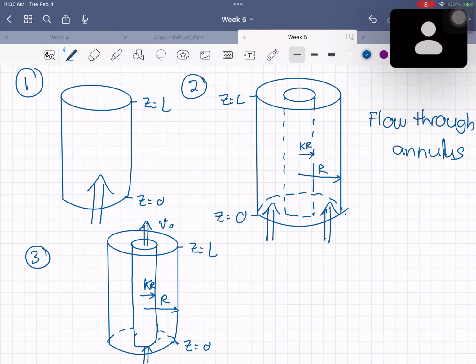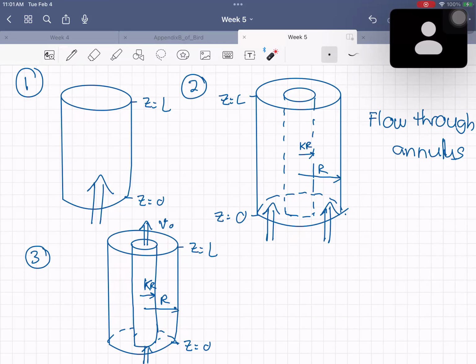All right, the last problem of this homework is that we have a rod in the middle, and the rod is pulling up at the speed of V0. You're going to find the velocity profile of the flow in the annulus.